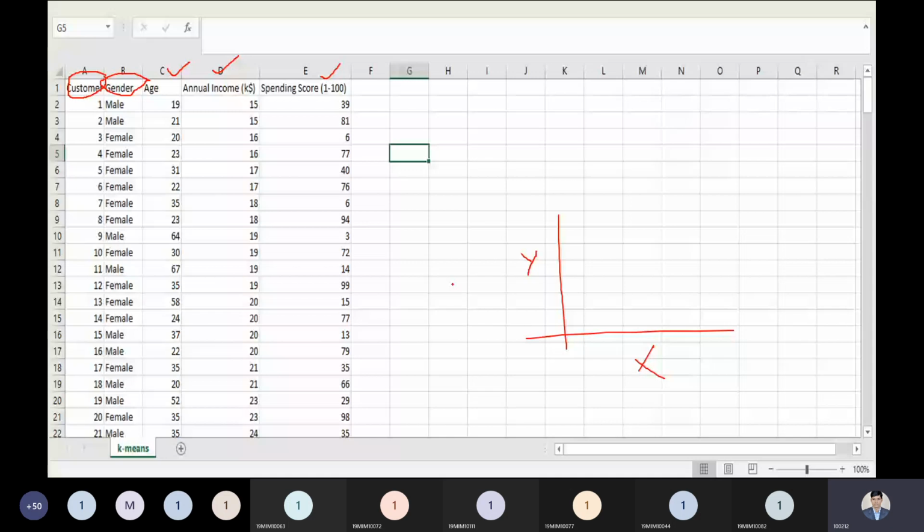So annual income becomes our observable feature, and age becomes the unobservable feature, because ultimately you are making the cluster on the Y axis data points, that is the annual income. That was my point. Now it is clear.